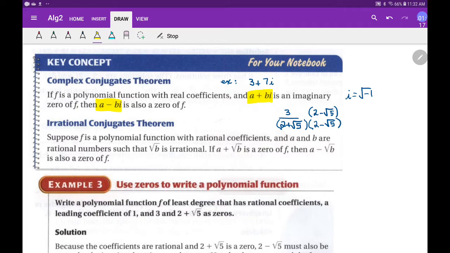If one of them is a factor of your polynomial, the other one has to show up too. You can't just have one, you have to have the other one. The same thing happens here: if you have a plus the square root of b, you also have a minus the square root of b. That's all we're saying here. If you have one, you know that you have the other one.